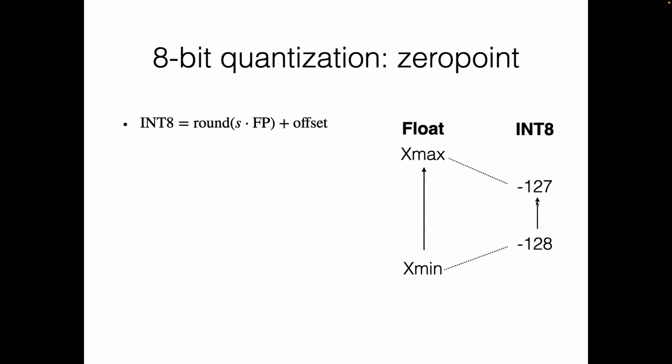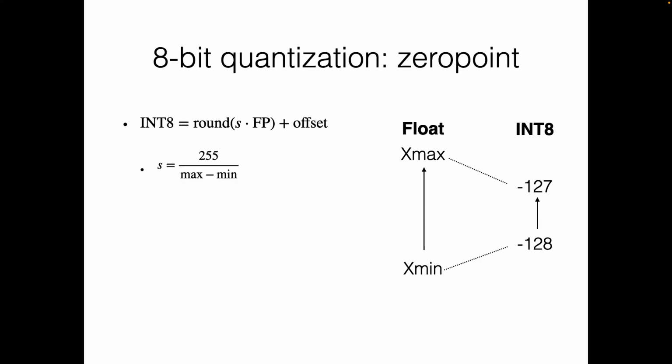The reason is that now we can take advantage of all of the numbers that we have available to us in int 8. So what it boils down to is something that looks like this. You take your floating point number, you multiply it by a scale, and you round, and then you add this offset, and that'll be sufficient to do this.